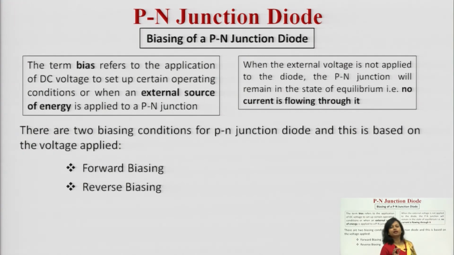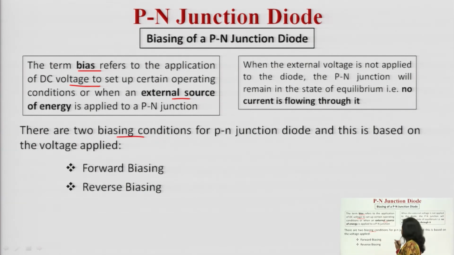So accordingly, bias can be explained as the application of a DC voltage to set up certain operating conditions, or when an external source of energy is applied to a PN junction. And there are two biasing conditions, as I have told you.